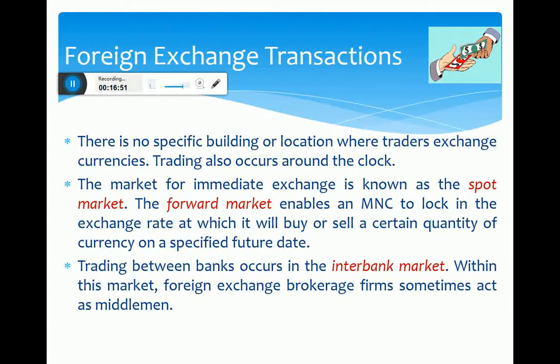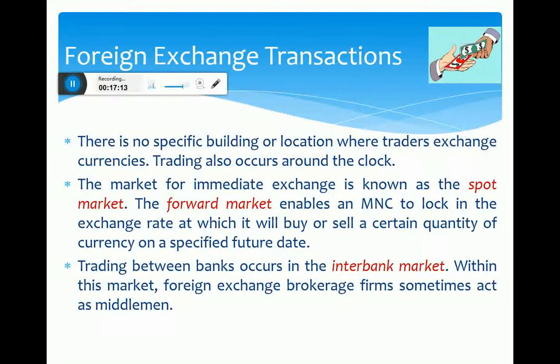So we have three markets in the foreign exchange. One is called the spot market, where anyone can go and exchange their currency on the spot. We have the forward market. It's the market where entities place an order to buy or sell a specific currency at a specific rate on a future date.